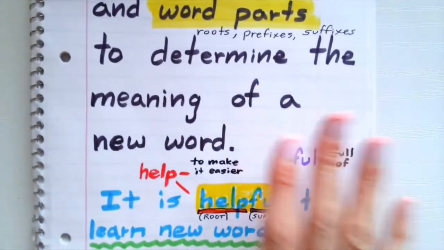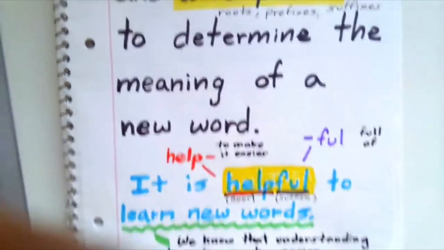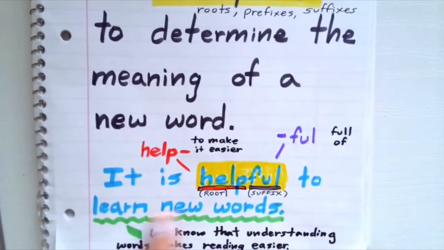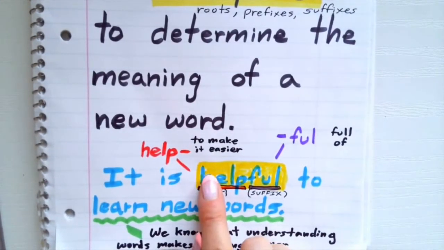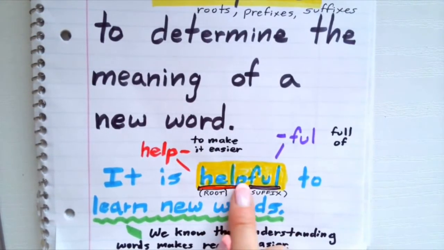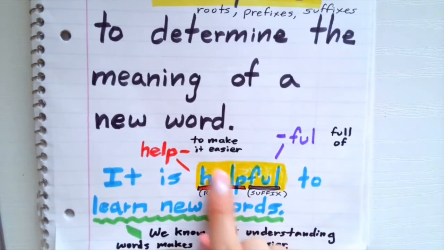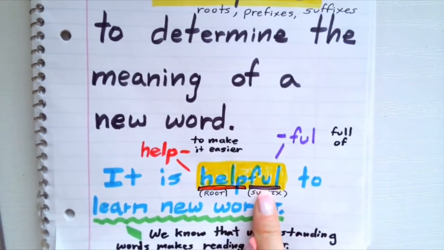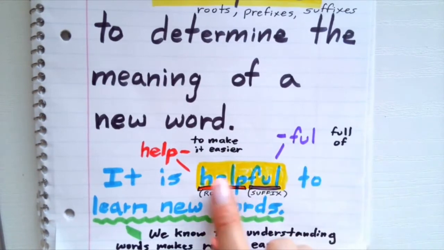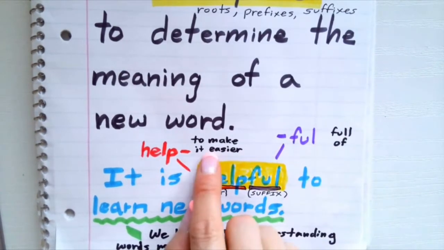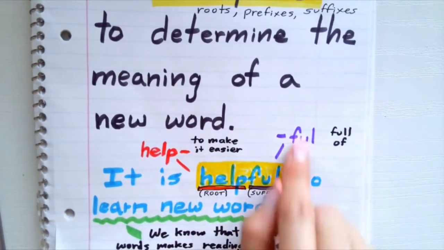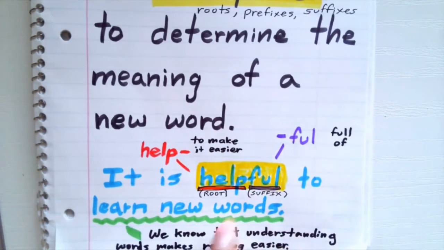Let's look at a quick example. It is helpful to learn new words. The word helpful has a root word, help, which is to make things easier, and a suffix, full, which means full of. Helpful, full of help. Someone who's going to help you out is helpful.